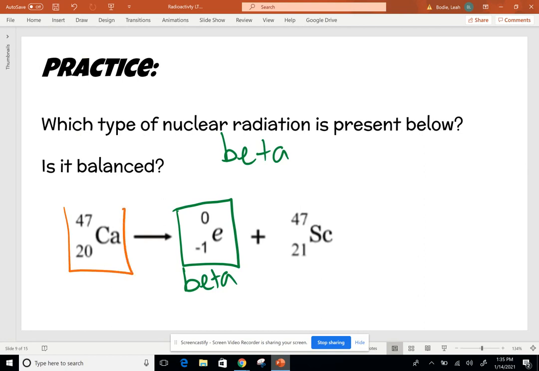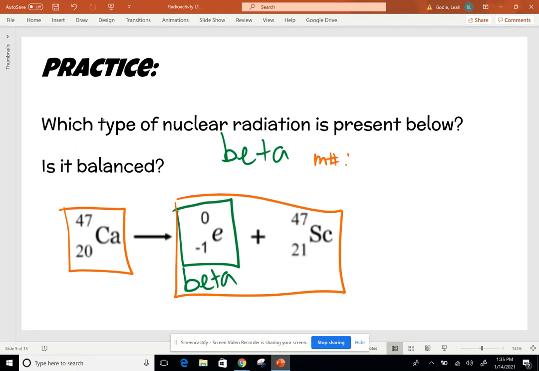We are going to look at our reactants and our products. So for our mass number, we started with 47. And then to the right side of our arrow, we have 0 plus 47. That equals 47, so perfect.